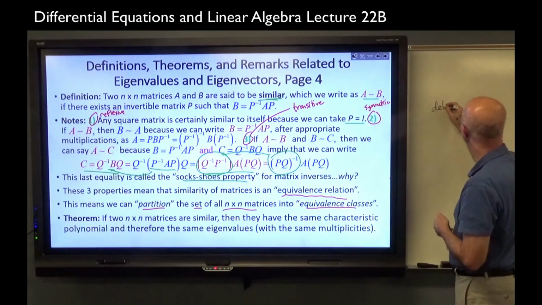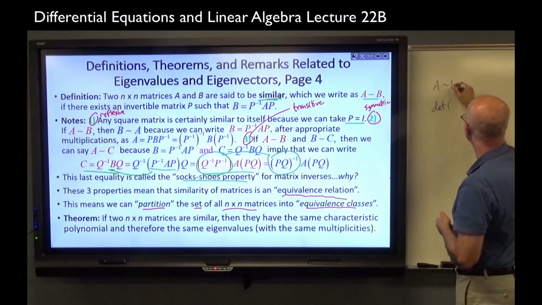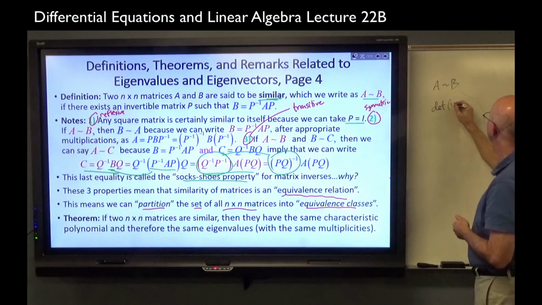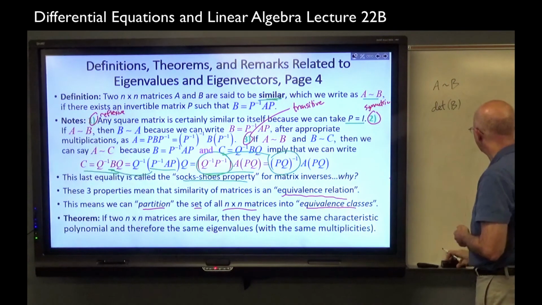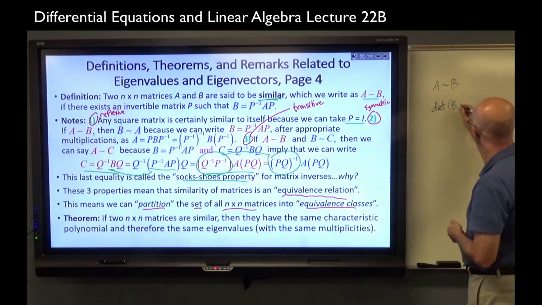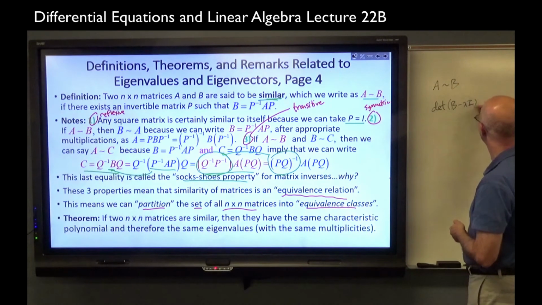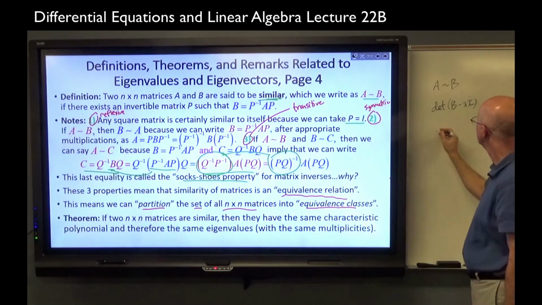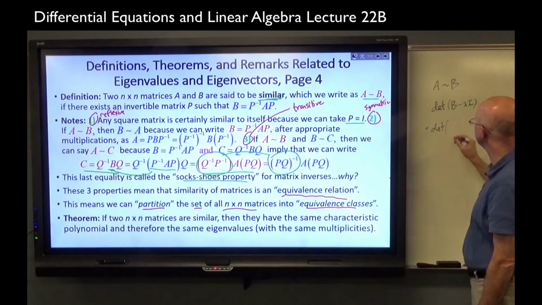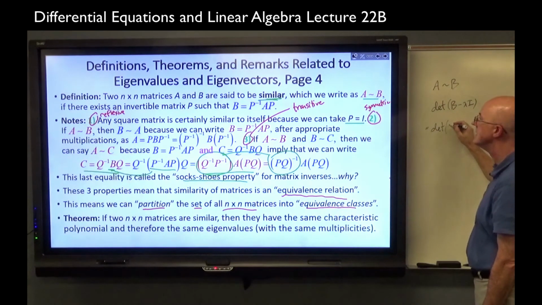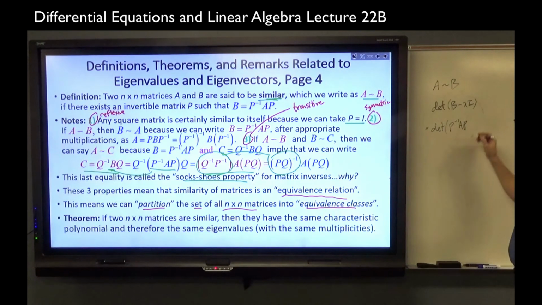Do a quick calculation here. Say A is similar to B, and I'm thinking about the characteristic polynomial of B. Since A is similar to B, I can replace that B with P inverse AP for some invertible matrix P. But wait a minute, I can also be thought of as P inverse times I times P. Right?